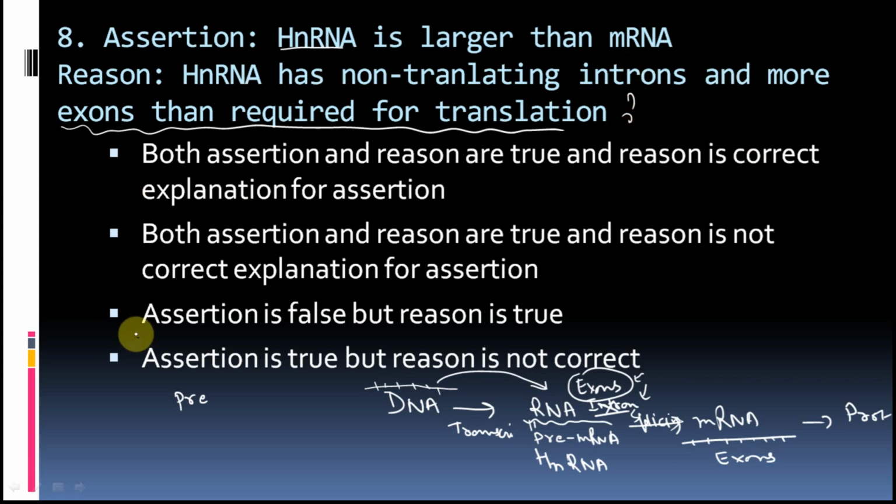Okay, so now let's read the options. Both the assertion and the reason are true, and the reason is the correct explanation for the assertion. Yes, both assertion and reason are true, and the reason is not a correct explanation for the assertion. I personally think that this should be the correct answer, that both assertion and reason are true, and the reason is not the correct explanation for the assertion, because here it is mentioning more exons than required for translation.